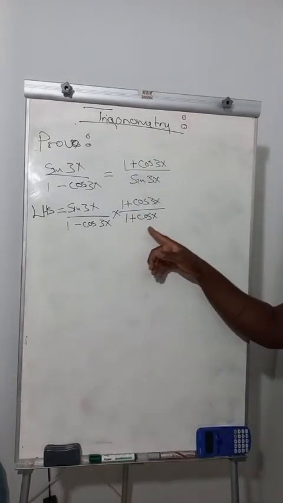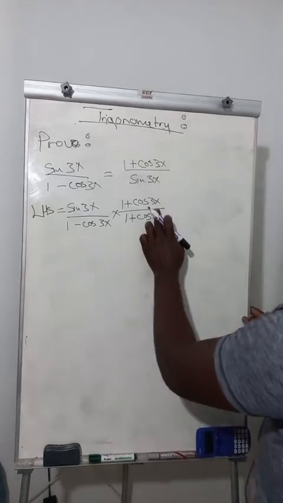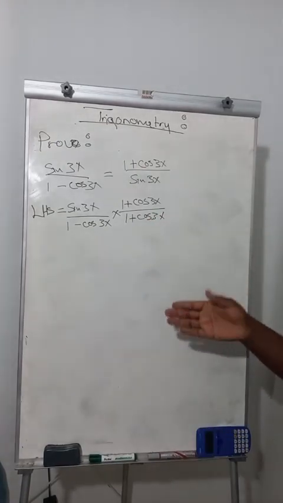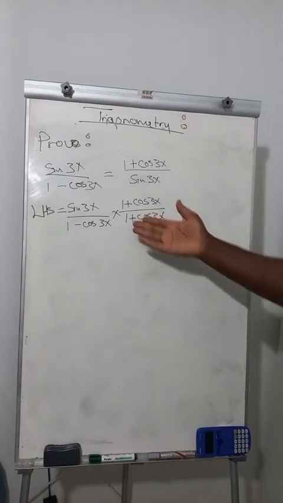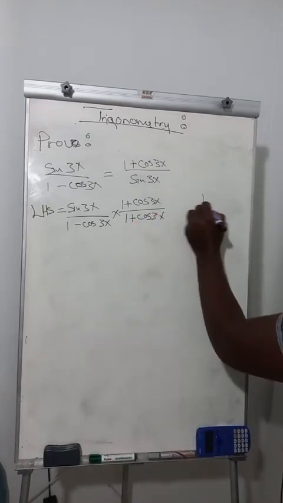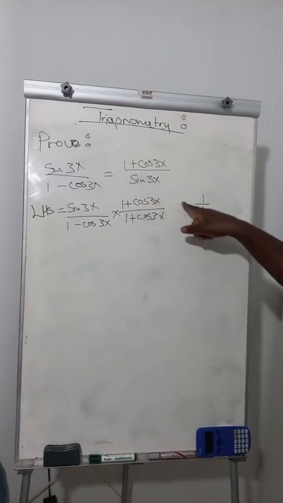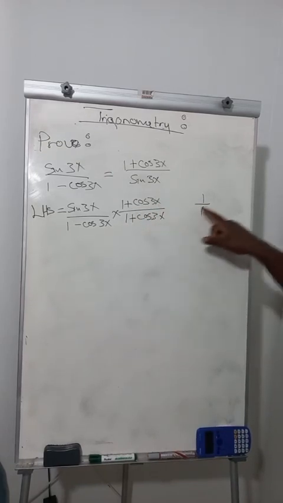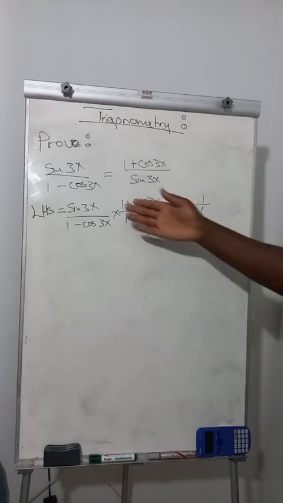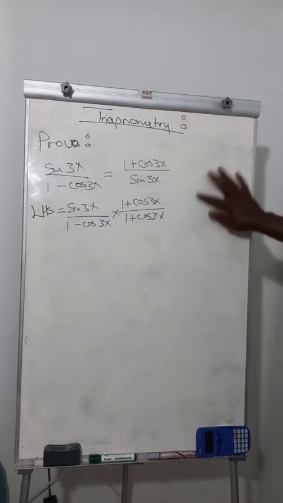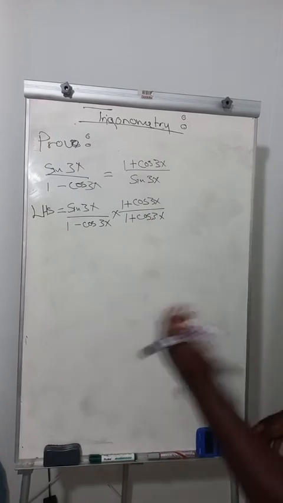This is the same as multiplying this thing by 1, because 1 plus cos 3x divided by 1 plus cos 3x is the same as 1.